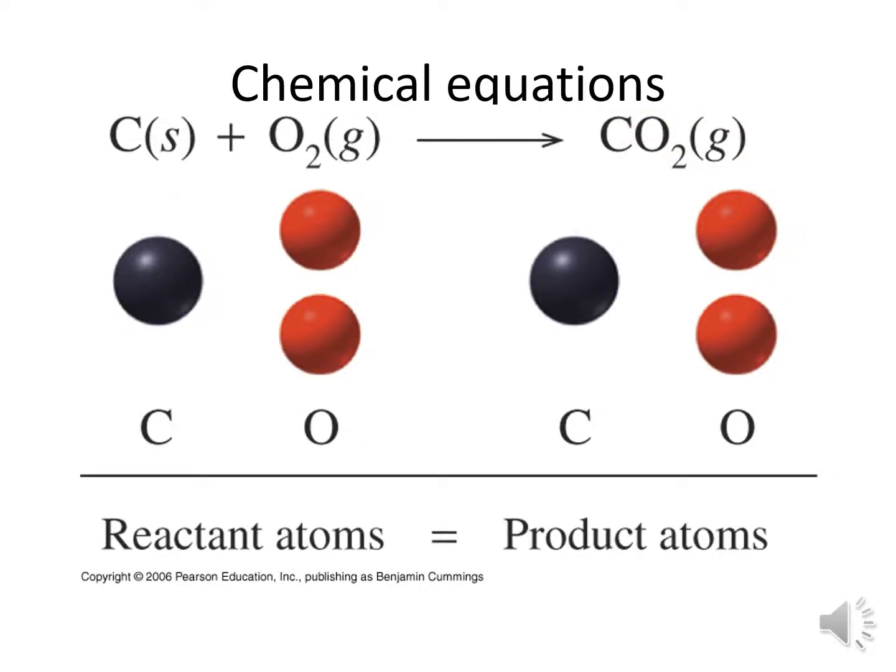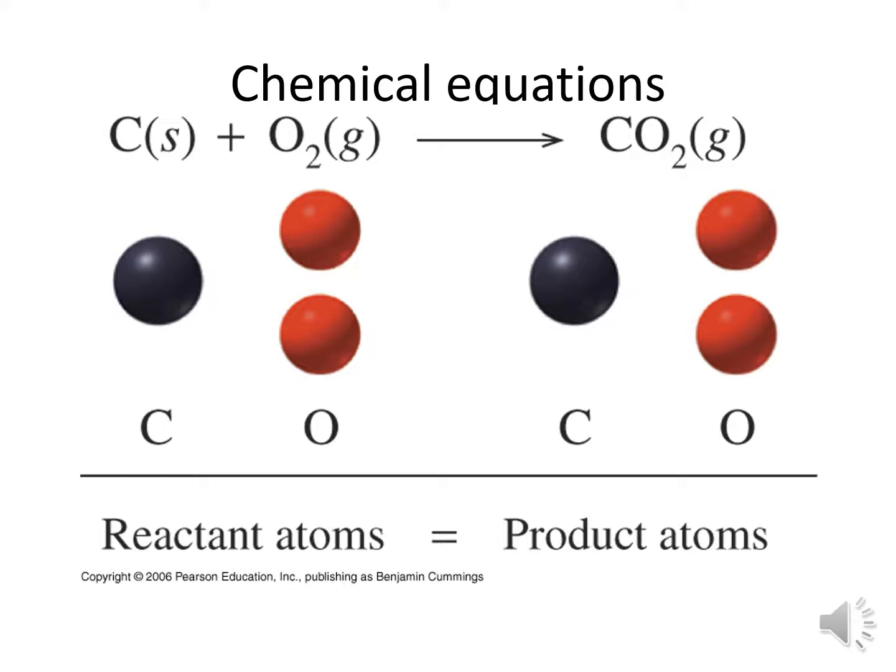Of course, we use it to describe what's happening with the atoms and molecules. Let's say that I'm going to burn some coal. Coal is carbon. I use oxygen to burn it, and it produces carbon dioxide. One requirement to make this chemical equation is that the same number of atoms of each type must be on each side of the reaction.